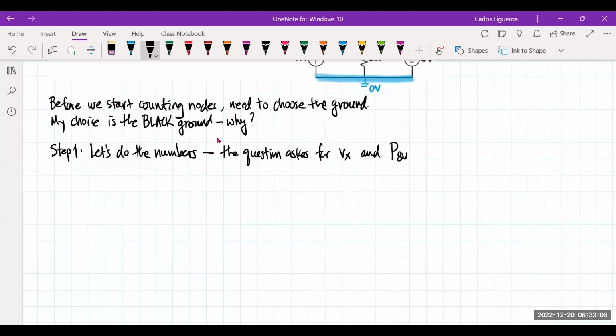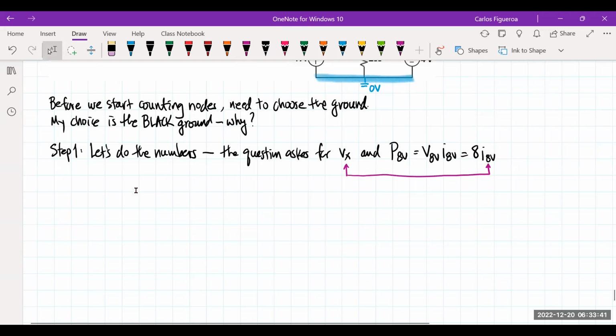But what is the power of the 8-volt source? Well, it has to be the voltage of the 8-volt source times the current of the 8-volt source. But I already know what the voltage is, so that has to be 8 times I, 8 volts. So you're going to see here is that this guy and this guy right here are not going to be part of my nodes here.